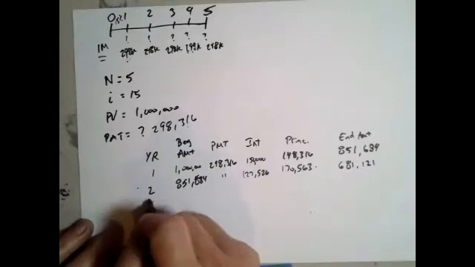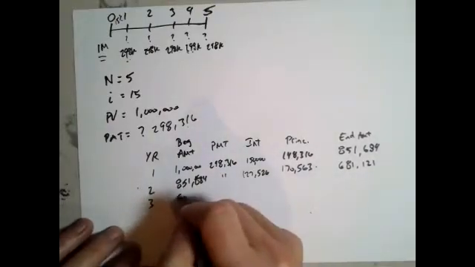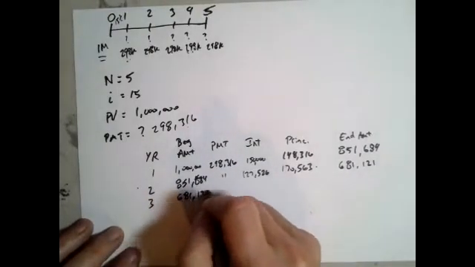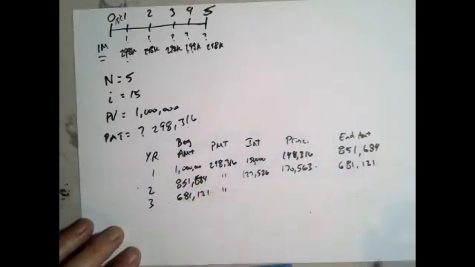So then we roll over to year 3. Maybe I won't use Excel. We'll see. 681,121, same payment as before.